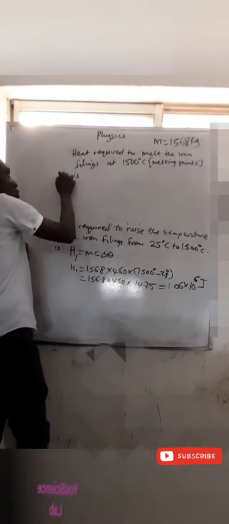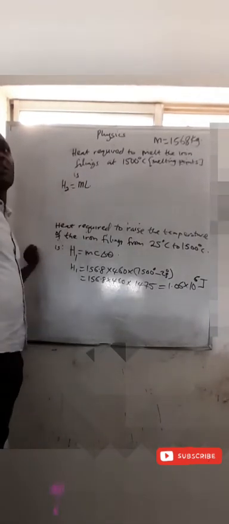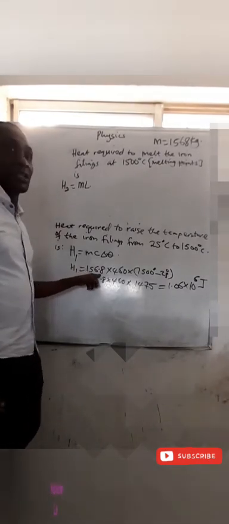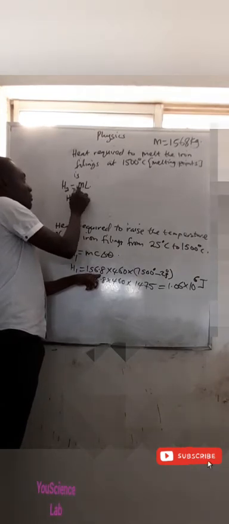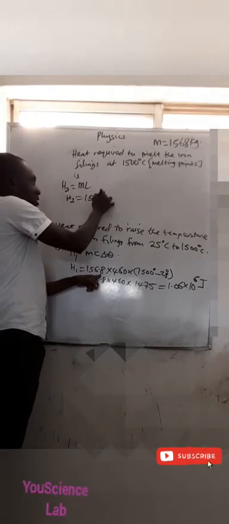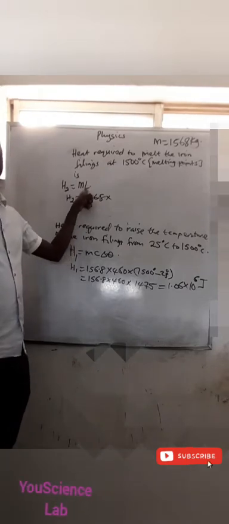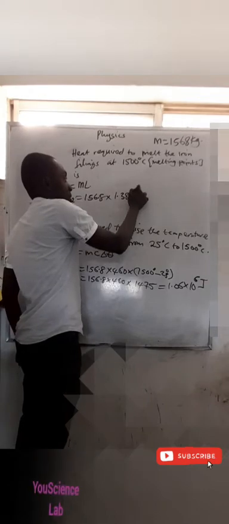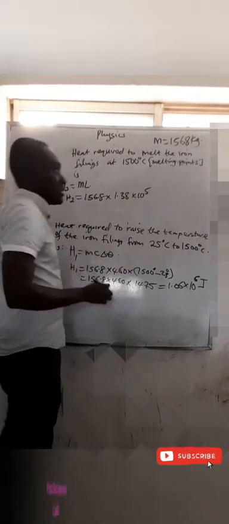So I'm going to use H2 equals the mass times the latent heat. What mass are we melting? 156.8, is that not? So H2 equals 156.8 times the specific latent heat, 1.38 times 10 to the power 5 joules per kilogram.